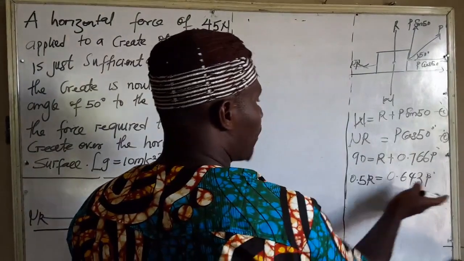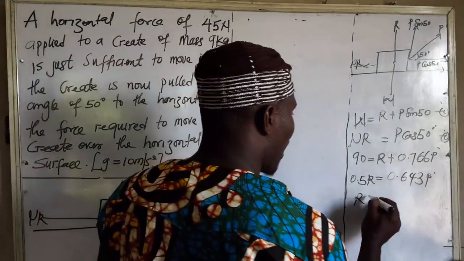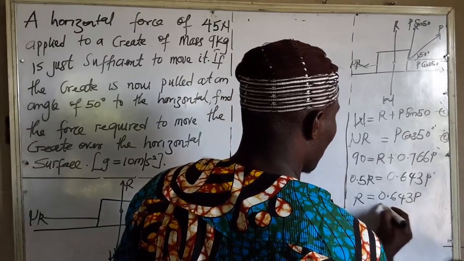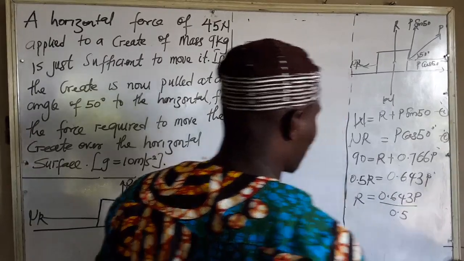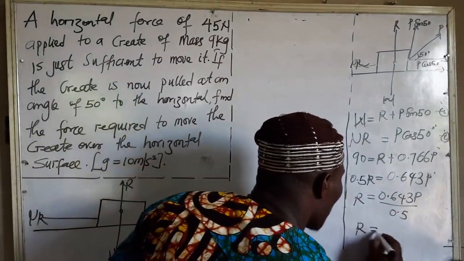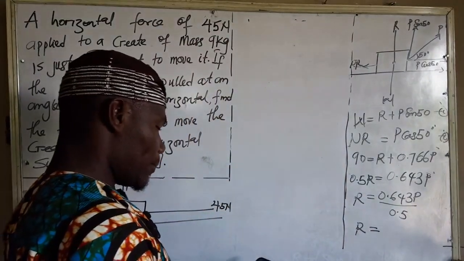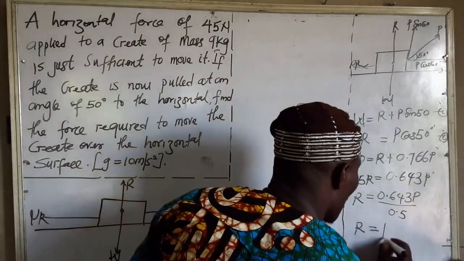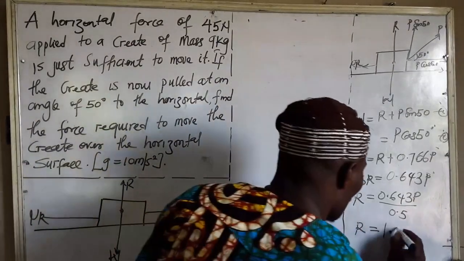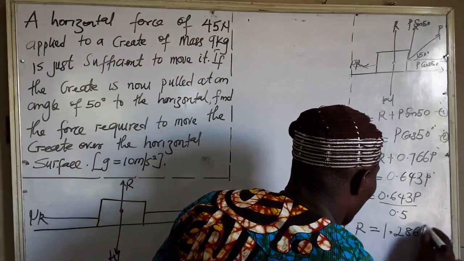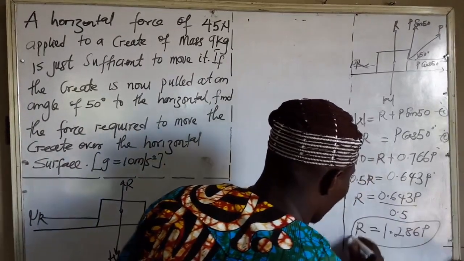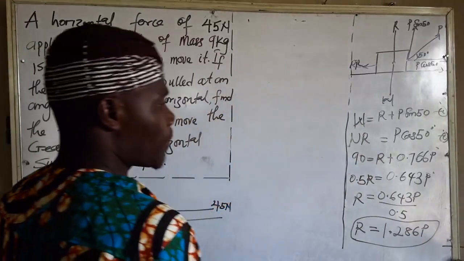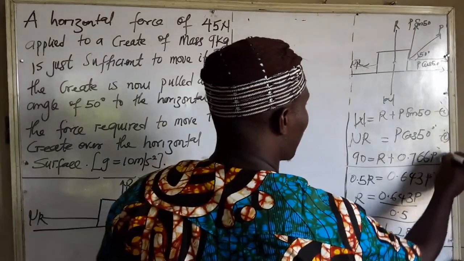Now let's use this value to find the value of R. Our R will be 0.643 of P divided by 0.5. So the value of R will be equal to, dividing by 0.5, 1.286 of P. This is the value of R. If this is the value of R, let's substitute into the equation here.